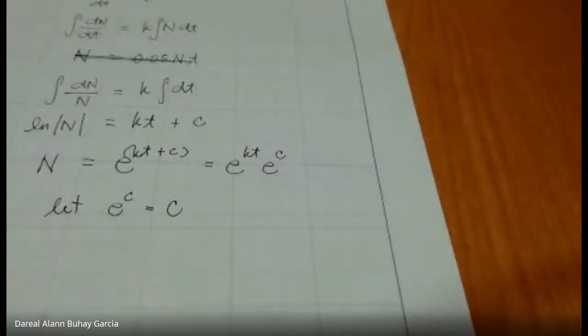So therefore, the solution of our differential equation is n equals C e to the 0.05 t, since we know that k is 0.05.